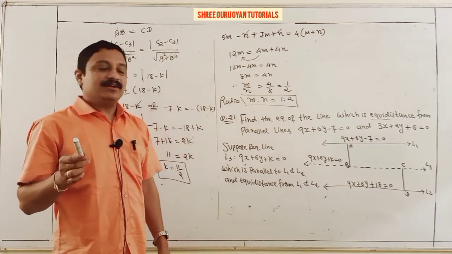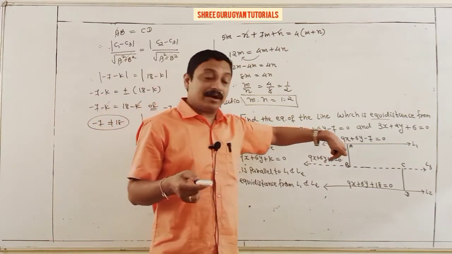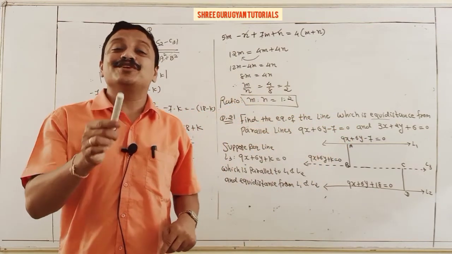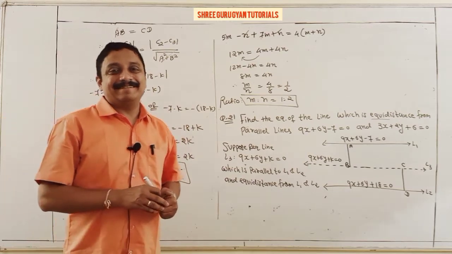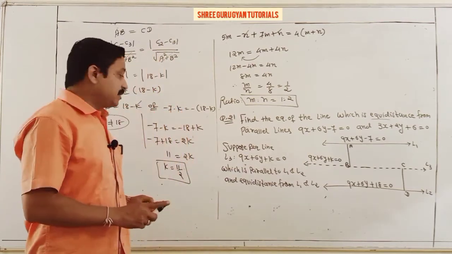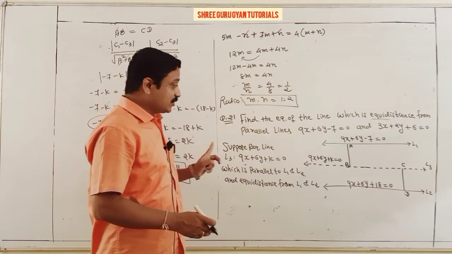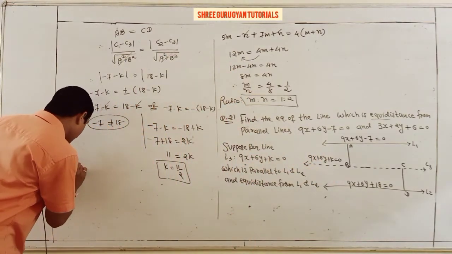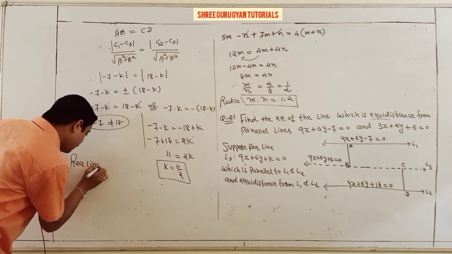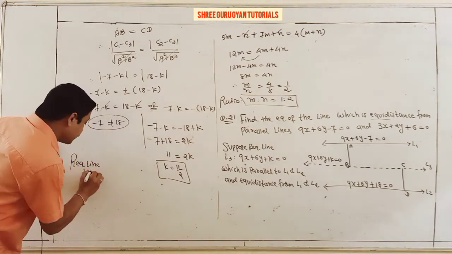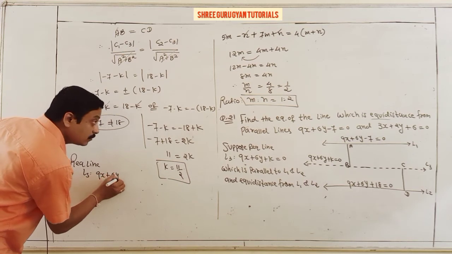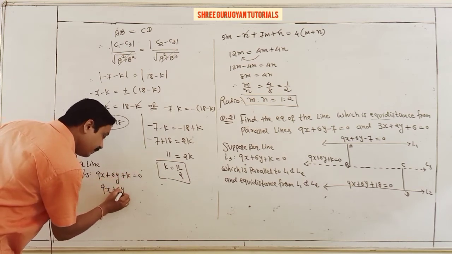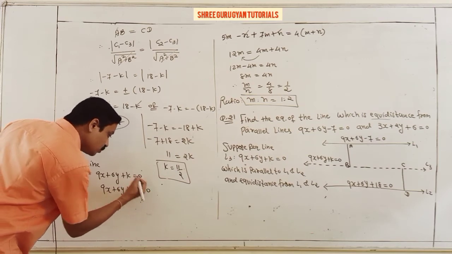Very easily we derive K. Now derive the equation. This value K, students, I apply here and I will get the equation of the line. So students, now I put the value of K in place. So my required line L3 becomes 9x plus 6y plus K, and K is 11 by 2.